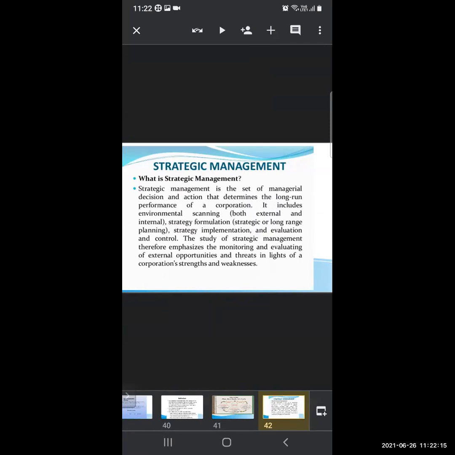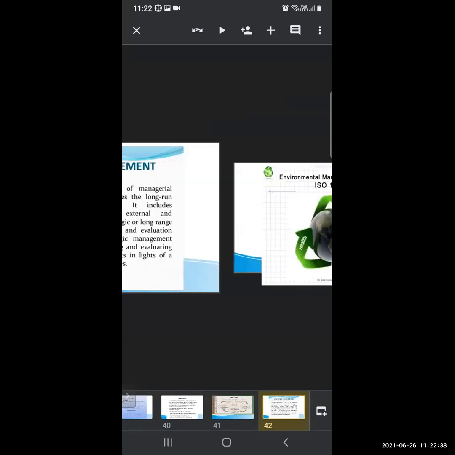It includes environmental scanning, both external and internal, strategy formulation, strategy implementation, and evaluation and control. The study of strategic management therefore emphasizes the monitoring and evaluation of external opportunities and threats in light of a corporation's strengths and weaknesses.